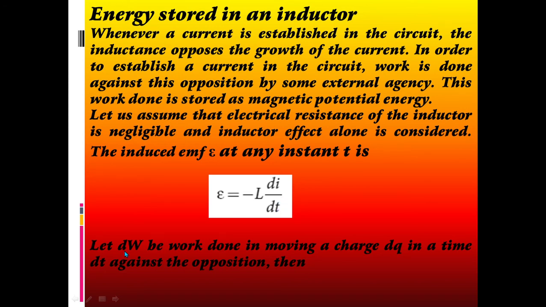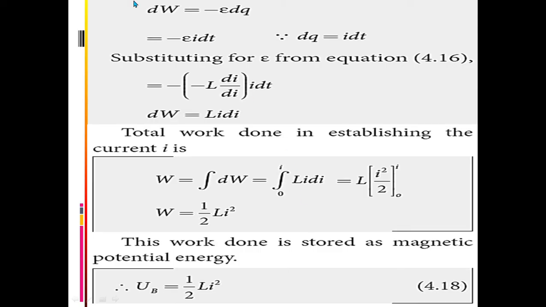Let dW be the work done in moving a charge dq in a time dt against the opposition. Then the equation can be written as dW is equal to minus epsilon into dq. Already we know the formula I is equal to dq by dt. So rearranging, dq is nothing but I into dt. Just substitute the value of dq into this equation. We obtain minus epsilon into I dt.